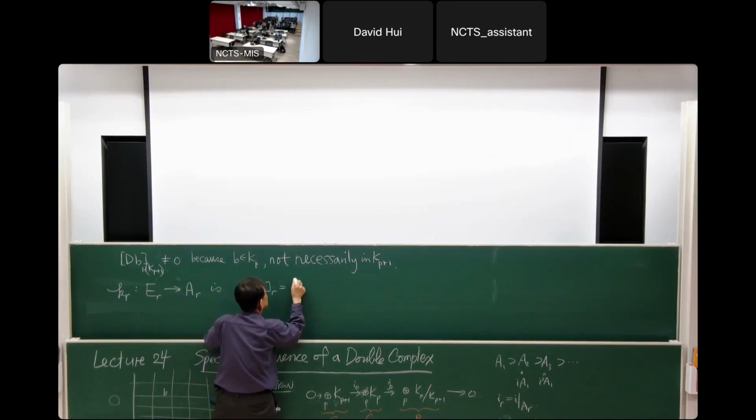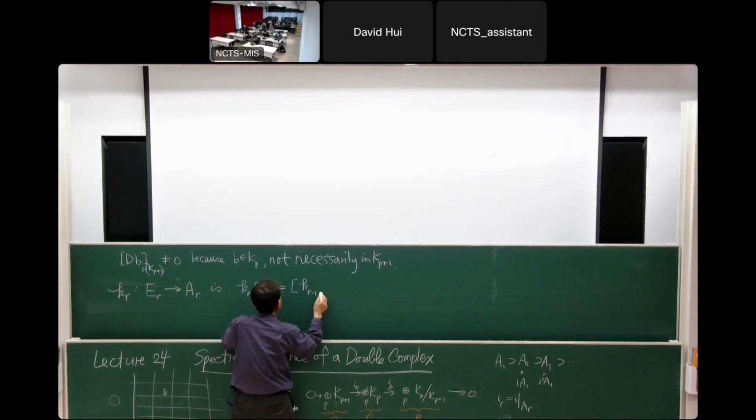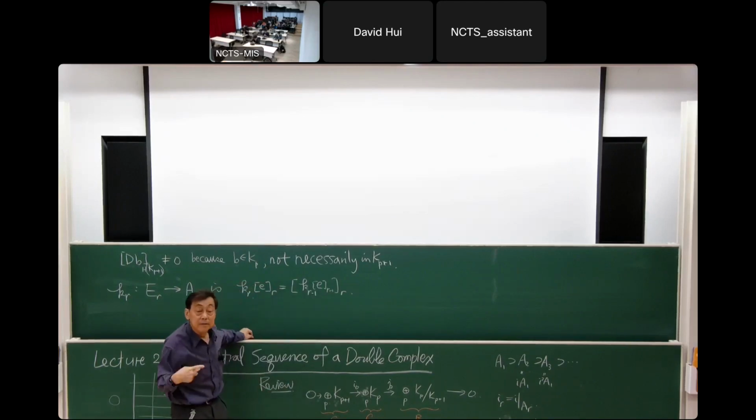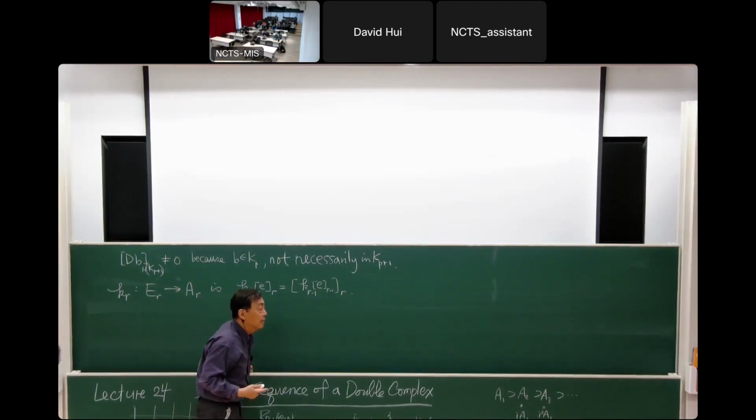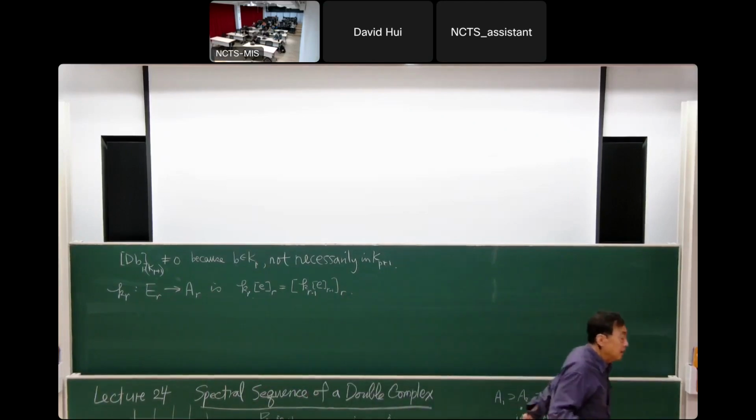You define it to be just k_{r-1} of e. You just define it to be the previous one, the previous k. That's all the definitions.